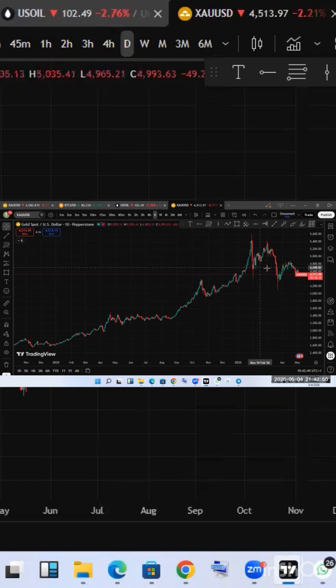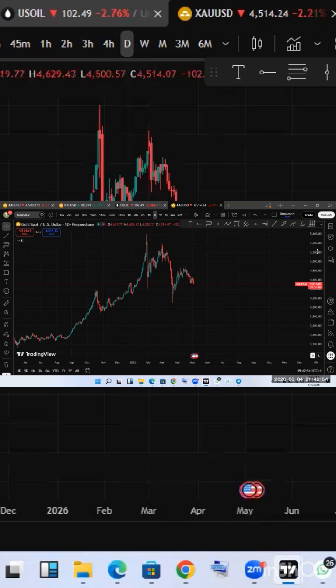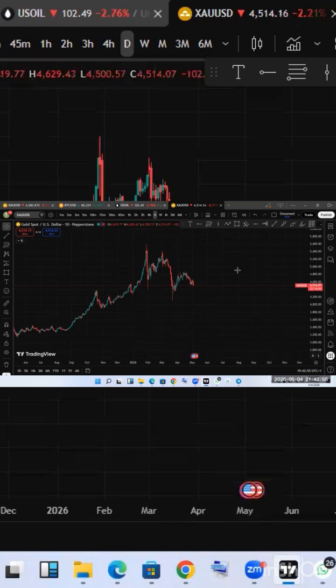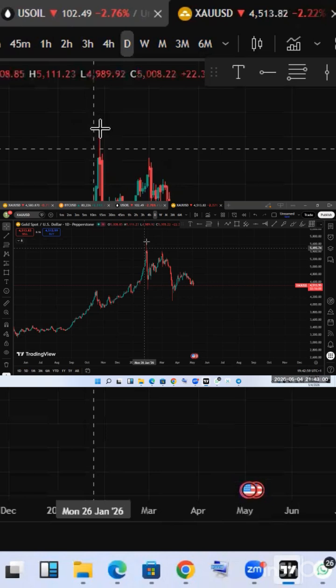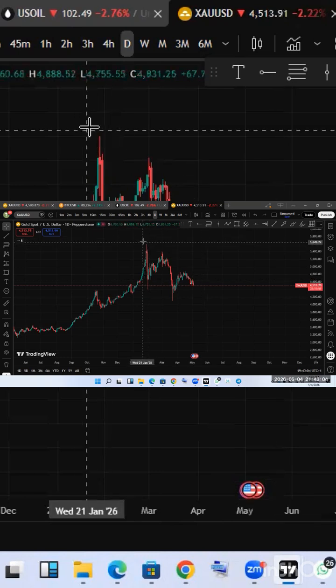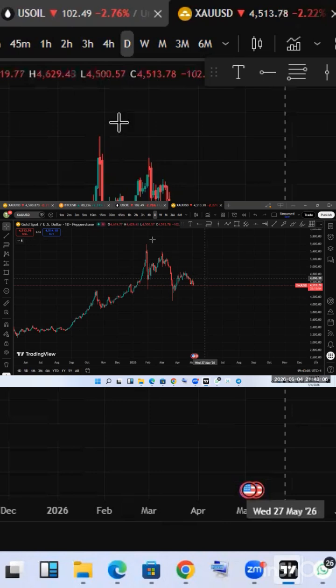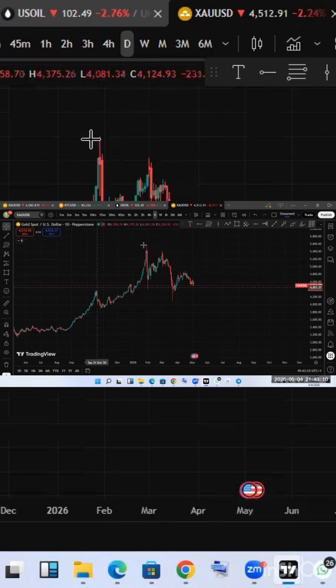But the moment the buyers exhausted their strength, this is where sellers step in. We now see the trend changed to a downtrend. We can now see, okay, it's not buying again, it's now a sell trend.